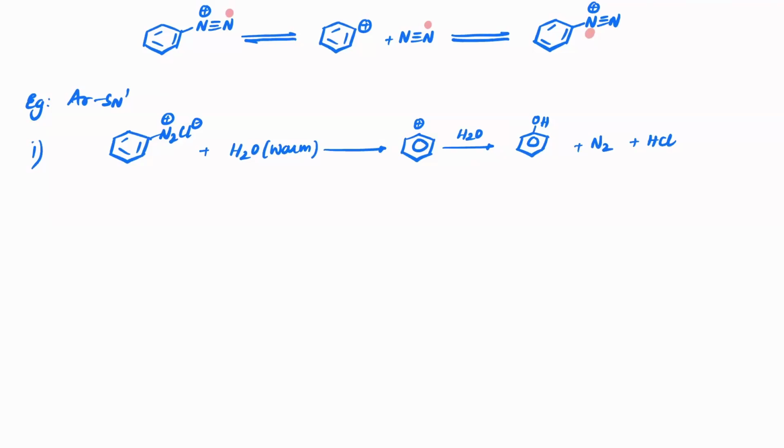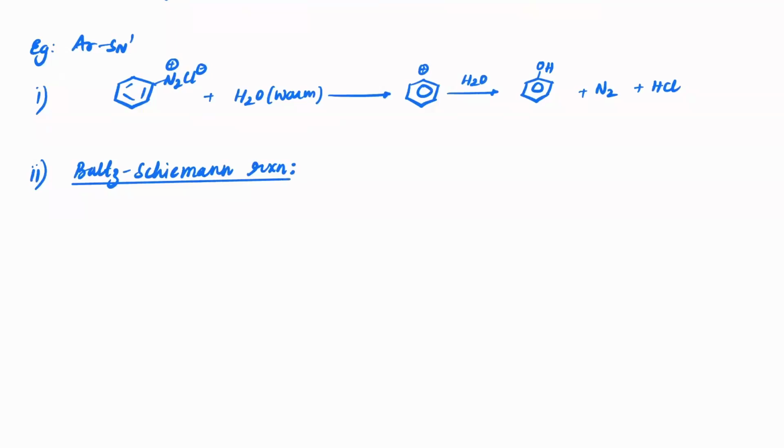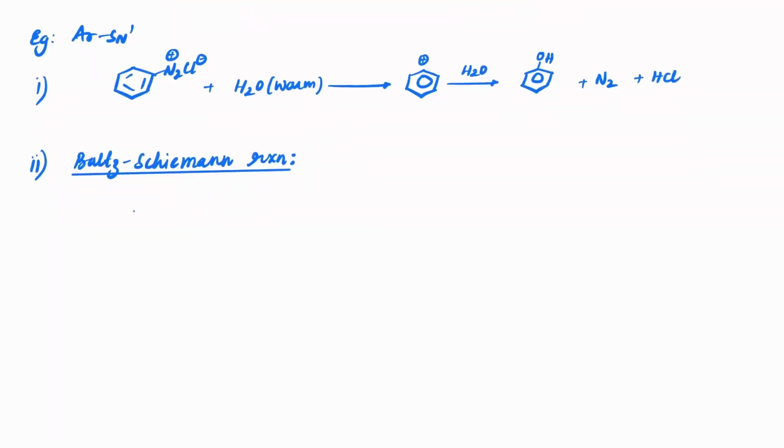Next, the second reaction where this will happen is known as the Balz-Schiemann reaction. When it comes to this reaction, you will notice that we have N2+ and Cl minus.